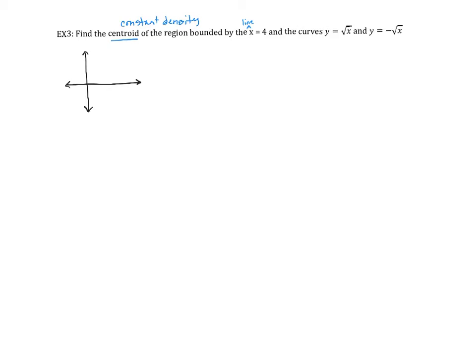So I'm going to go ahead and sketch the object. Let's say that this is 4, and I have this line at x is equal to 4. I have the curve y equal to the square root of x, and y is equal to the negative square root of x.